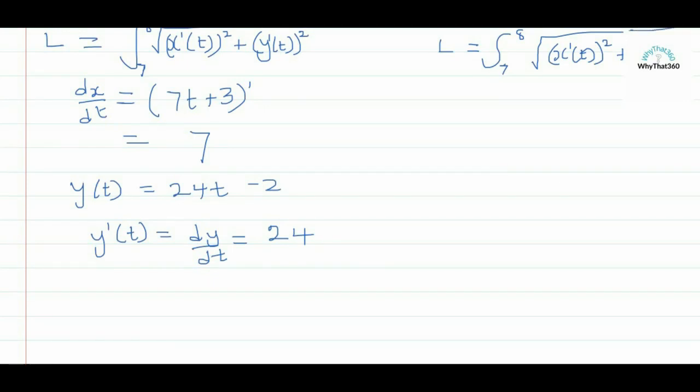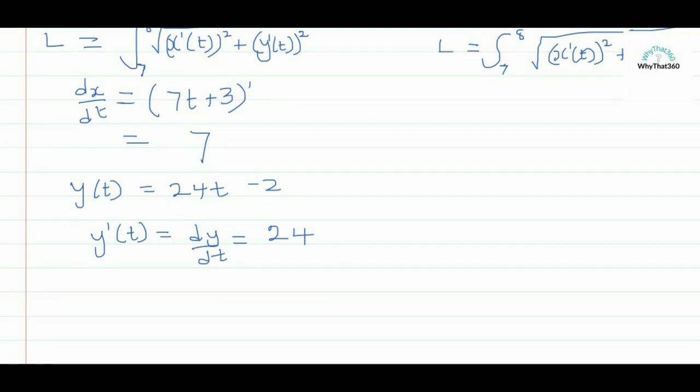At this stage, we know the values for x prime t all squared and y prime t all squared. So we will go ahead and plug those values in.